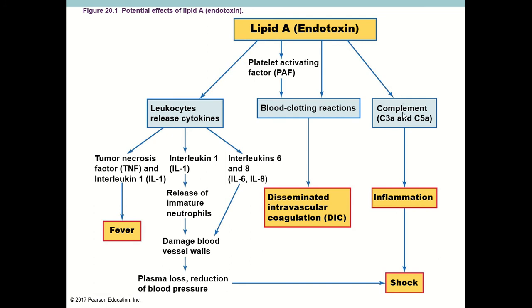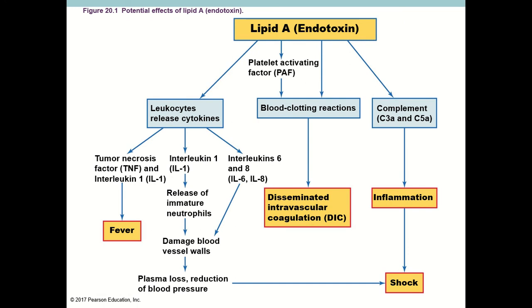And last but not least is the activation of complement proteins, right? Keep in mind, the complement system is a set of about 30 proteins, give or take, which are denominated C1 through C9, all of which are divided up into A, B, sometimes C. So what they do, the complement system, is it plays a role in inflammation, and also in activating some opsonization processes and neutralization processes that I talked about back in the immunity.